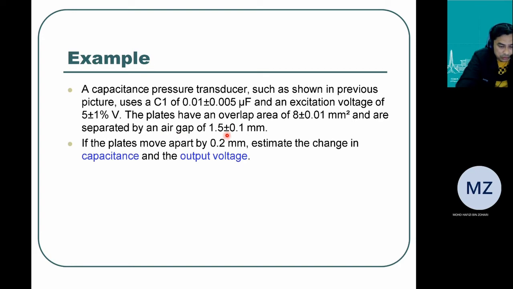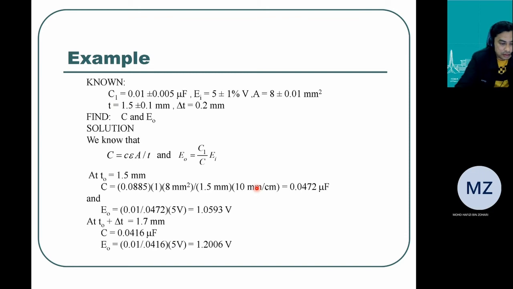By using all this information, we know that the plate moves about 0.2 millimeter. So we can easily calculate the capacitance and the output voltage E output, because it's just plugging in the numbers.